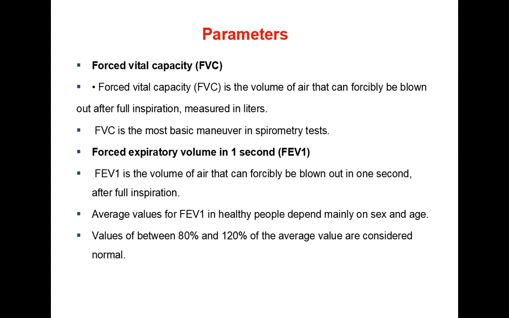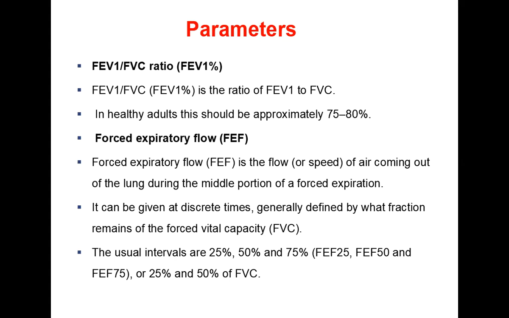The forced expiratory volume in 1 second divided by the forced vital capacity is presented as a percentage. That is about 75% to 80% in a healthy adult human being.